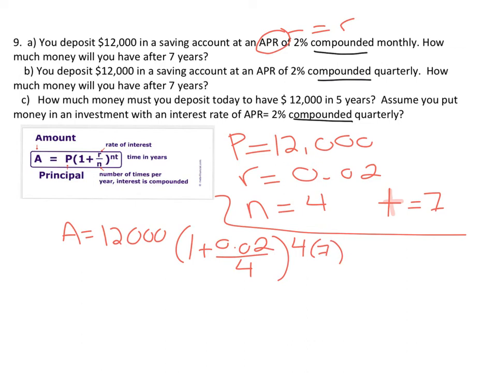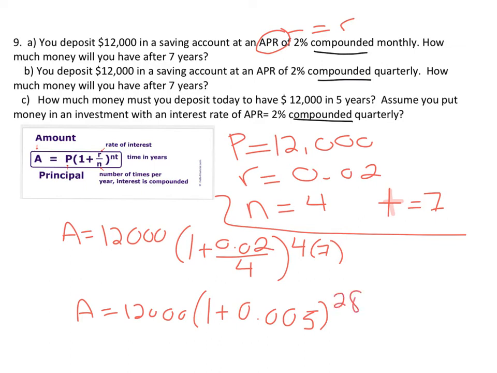I'll do my division first. 0.02 divided by 4 gives me 0.005. So A equals 12,000 times 1 plus 0.005, and then to the exponent, 4 times 7 is 28.